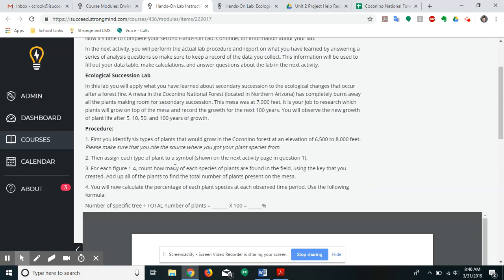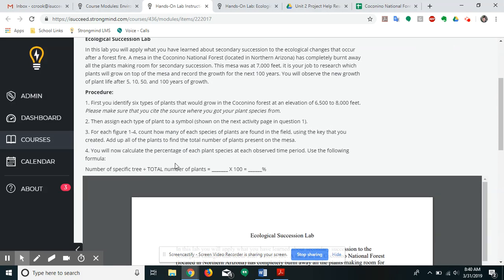For this lab, now this is all hypothetical, right? But you're going to see how a number of species through secondary succession occurs in the Coconino forest. This is in Arizona, and it's a national forest.